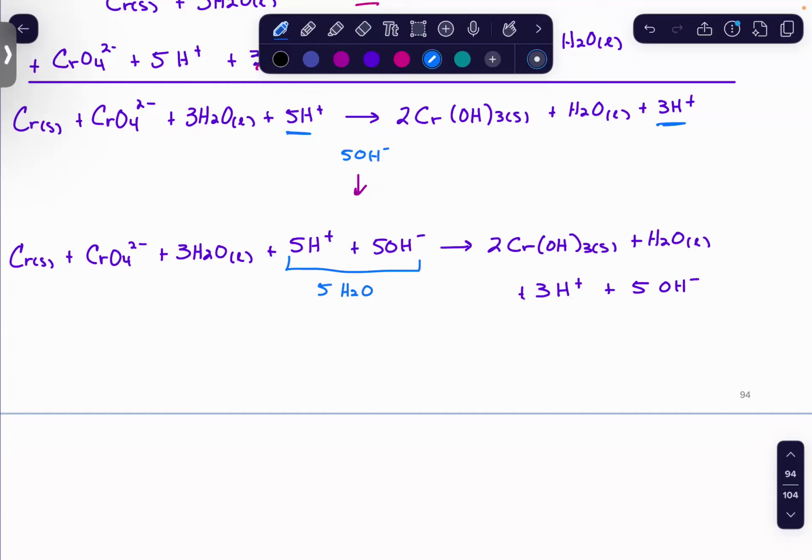When added to the 3 waters, so added to those 3 will give 8. These 3 protons and 5 hydroxides are going to give 3 waters and 2 hydroxides. These 3, when added to the 1, will give 4.